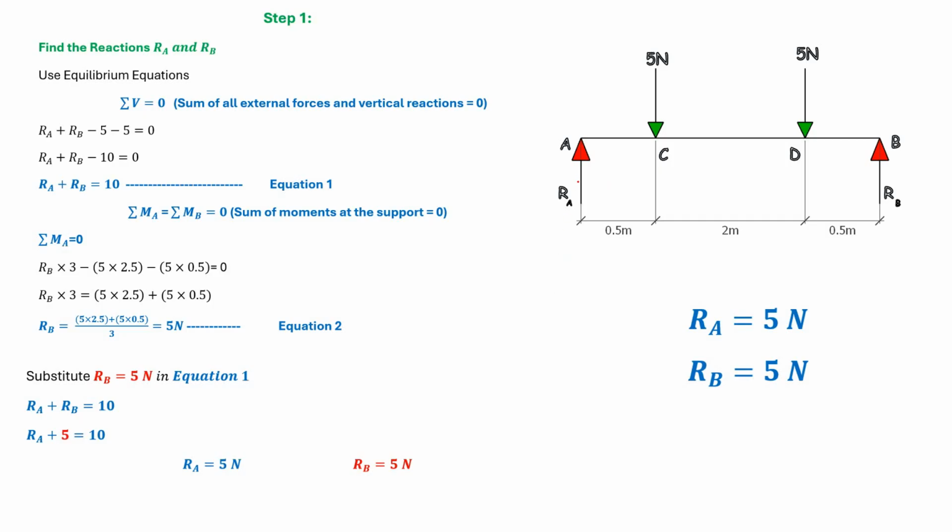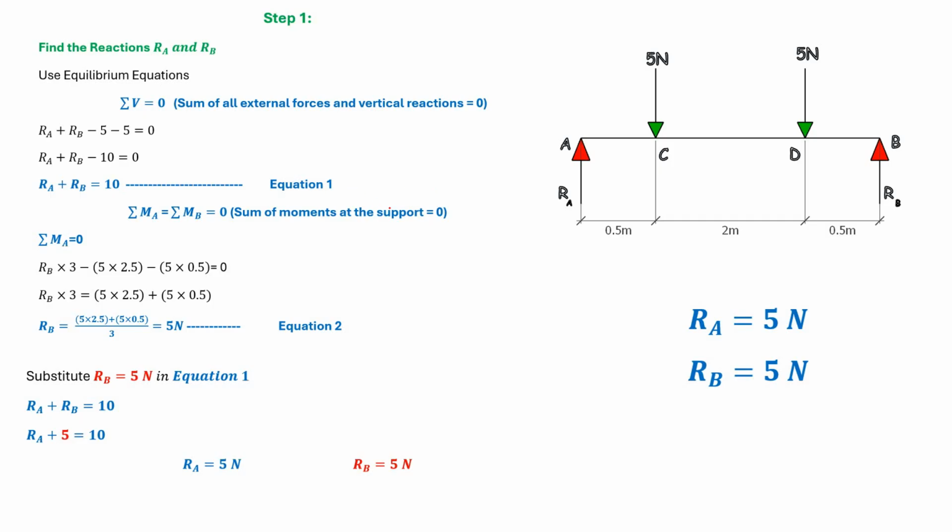If you sum the internal reactions and external forces, it is equal to 0. RA and RB are taken as upwards, positive, and the 5 Newton and 5 Newton are acting downwards, so they are negative. On simplification, you get RA plus RB is equal to 10 Newtons.